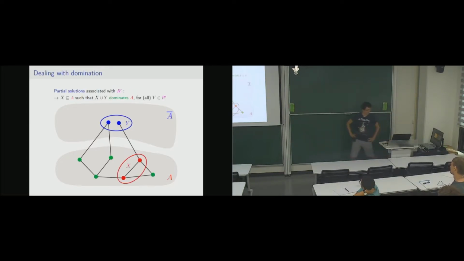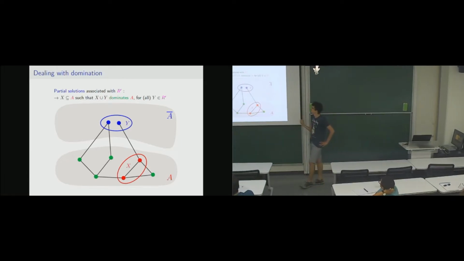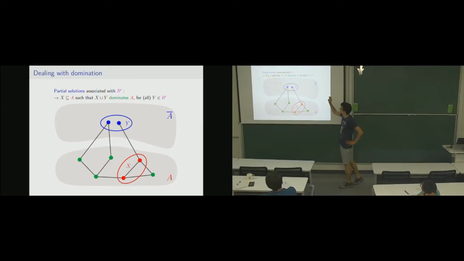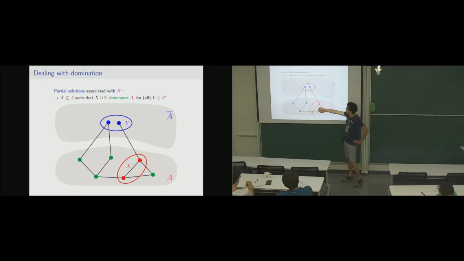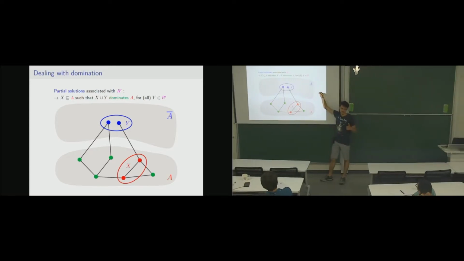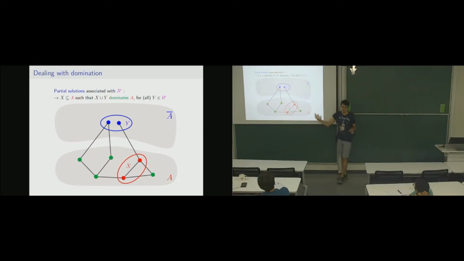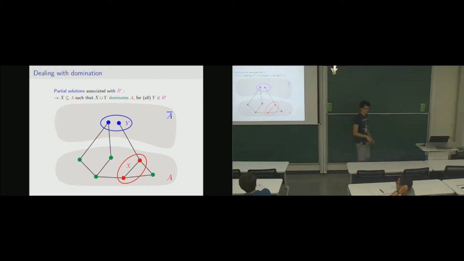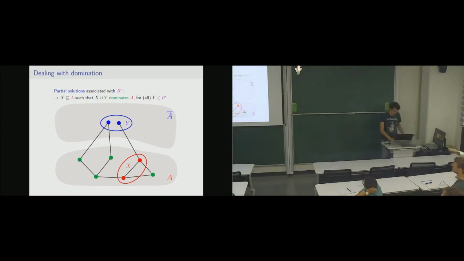So a partial solution associated with R prime is a set of vertices X such that X union Y dominates the vertices of A, for Y in R prime. And if it works for one Y, it works for every Y in R prime because they have the same neighborhood in the complementary.